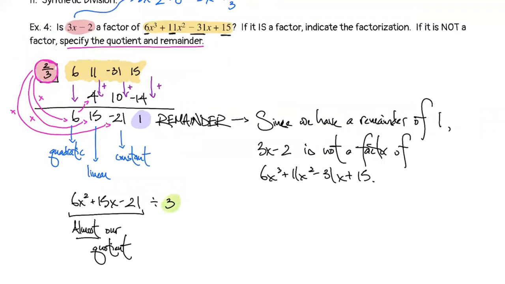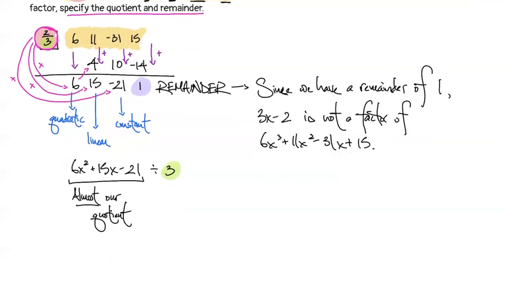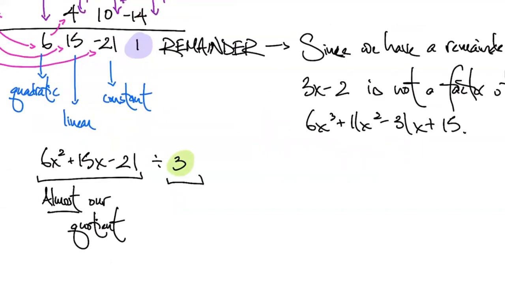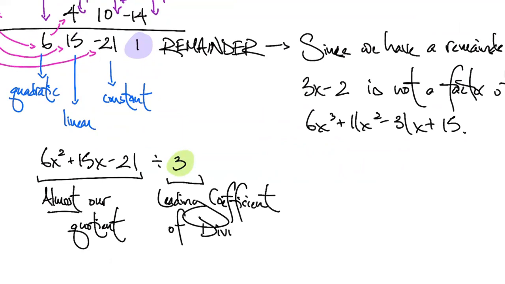This 3 is because this was a 3. 3x minus 2. If that number is 1, we don't need to worry about it. But if that number is not 1, we have to worry about it. So this 3 represents the leading coefficient of the divisor.